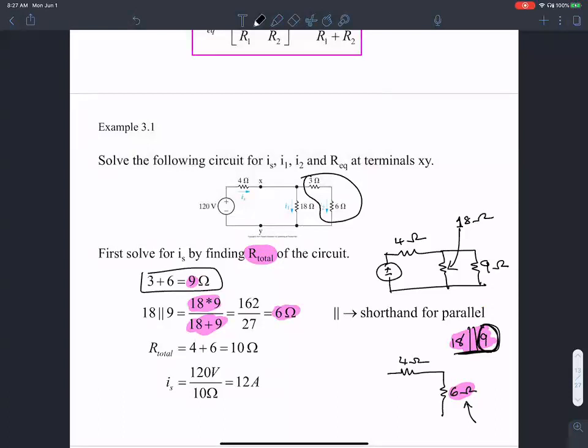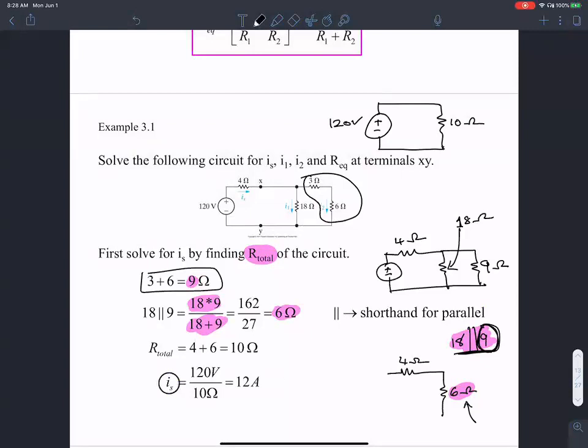So the R total, the equivalent resistance of the entire network of resistors, is 10 ohms. Once I have 10 ohms, I should be able to find the value of IS.